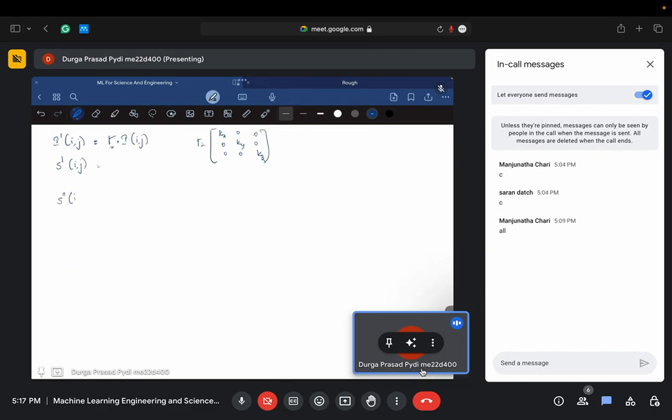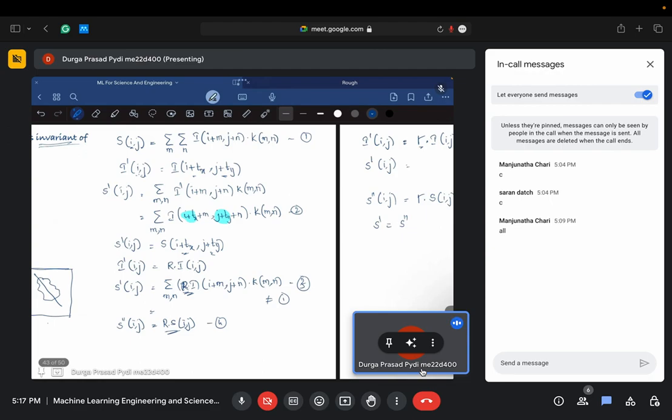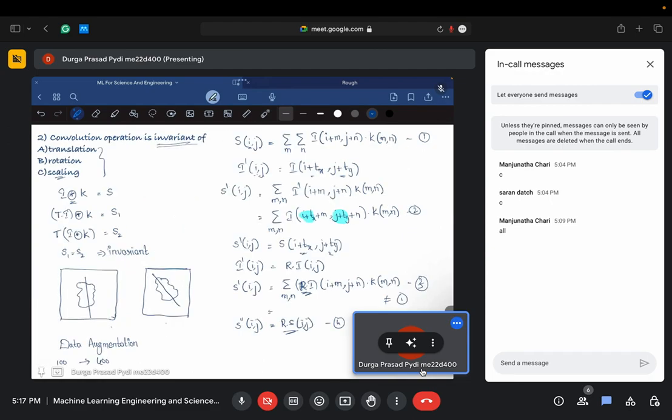S double prime of ij will be gamma times S of ij. So my question is, is S prime equal to S double prime? You can quickly do this and let me know, are you getting both of them to be equal or not? You can follow the same process as I have done for the previous case, for rotation or translation.